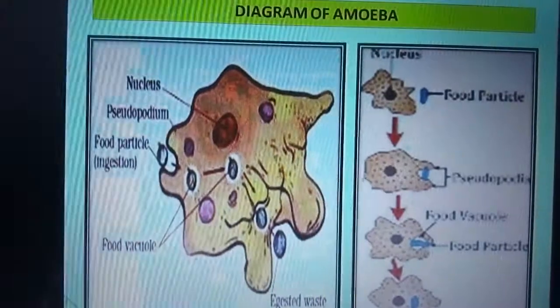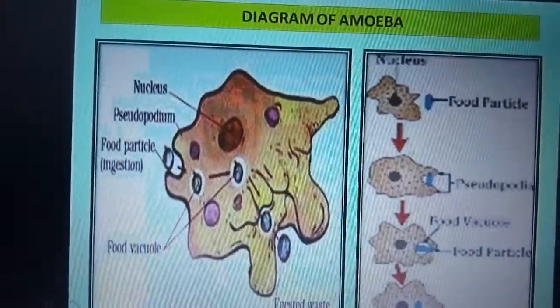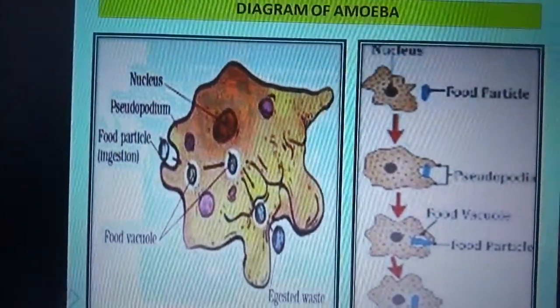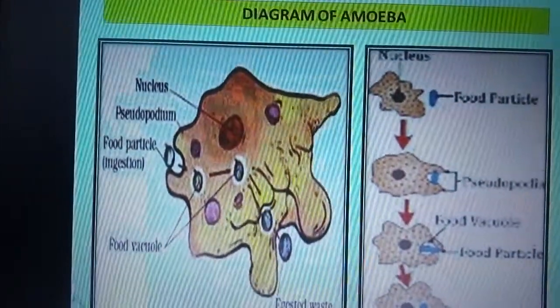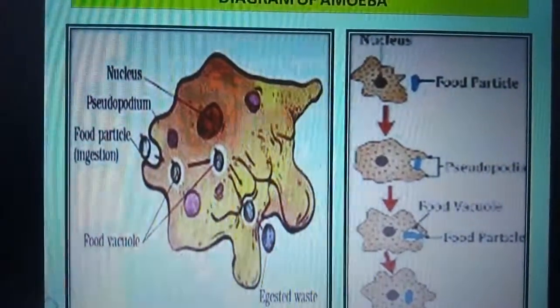The food is digested in the food vacuole. The digestive enzymes break the food particle into simpler substances. In this way, food gets digested. The digested food present in the food vacuole is absorbed by the amoeba.